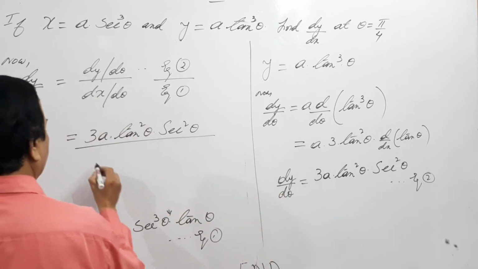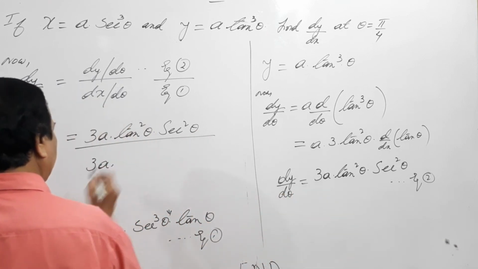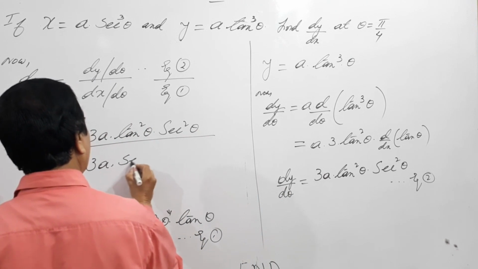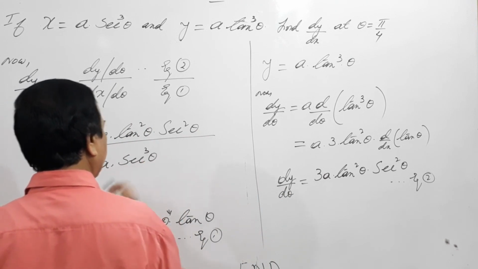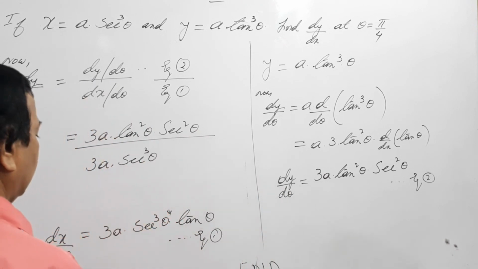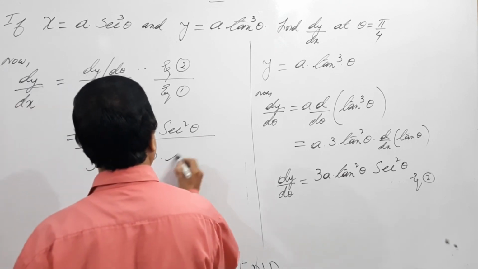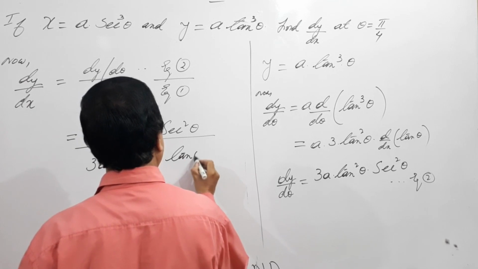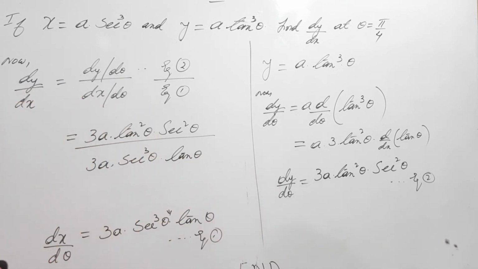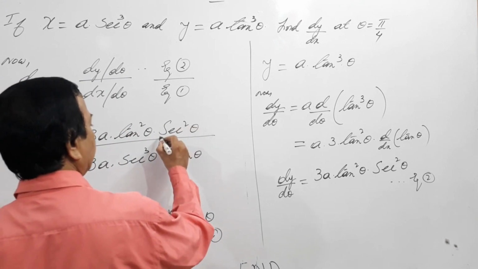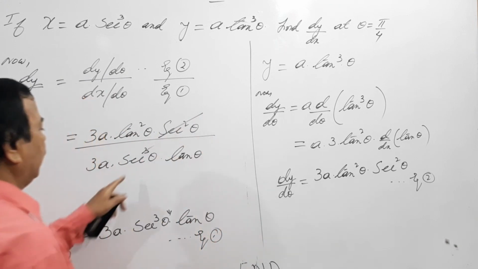divided by 3a into secant cube theta into tan theta. So what happens here? Secant square goes and you are left with one secant.